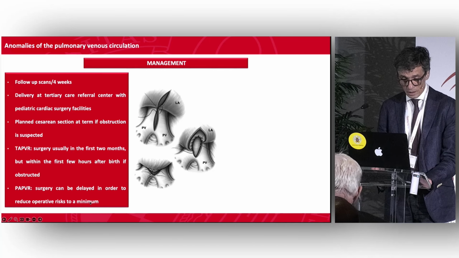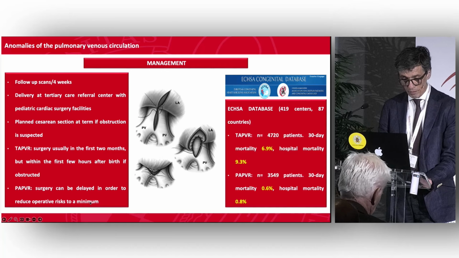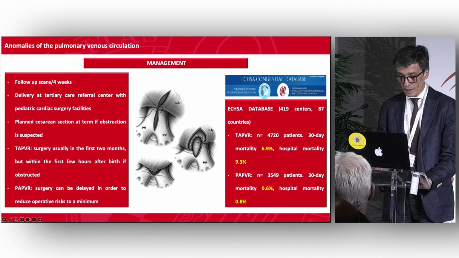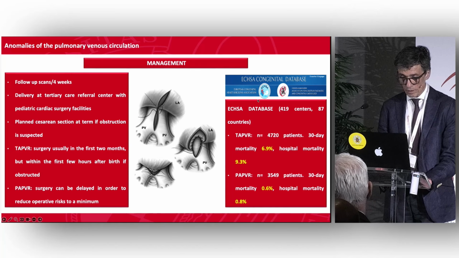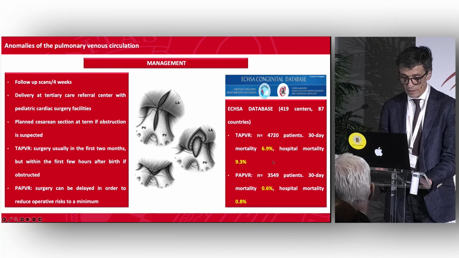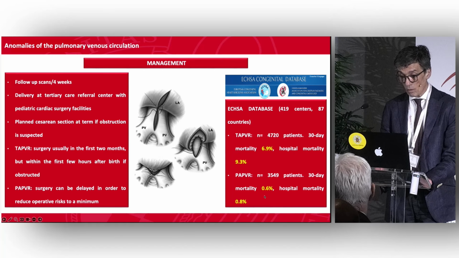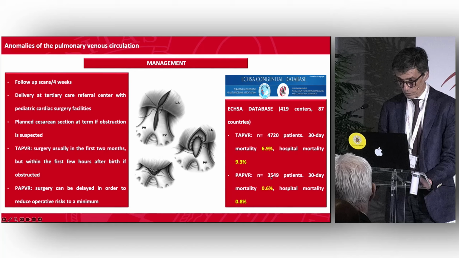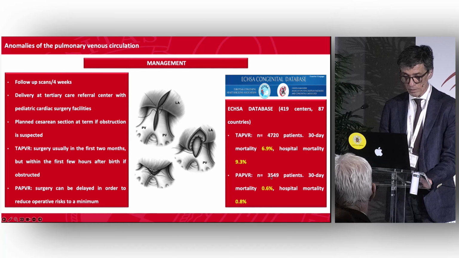In cases of partially abnormal return, the surgery can be delayed in order to reduce operative risk to a minimum. And once again, using the data of this database, you may see that for isolated cases the mortality is very low, even lower for partially abnormal, but also very low in cases of totally abnormal pulmonary venous return.